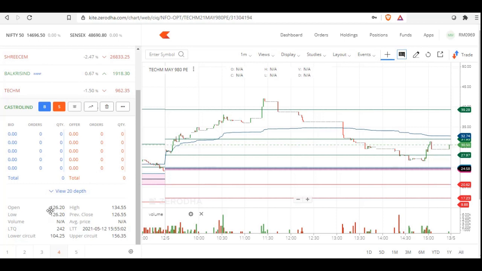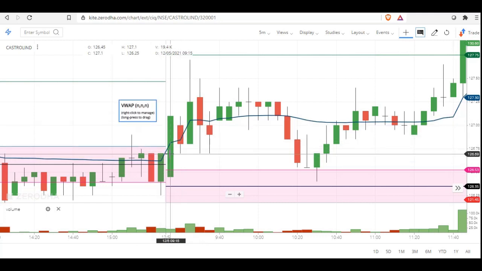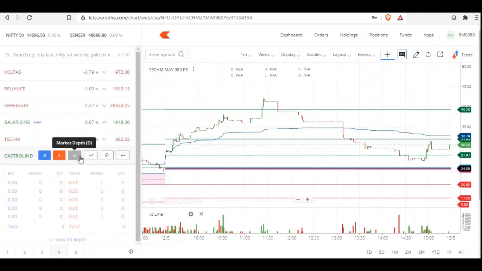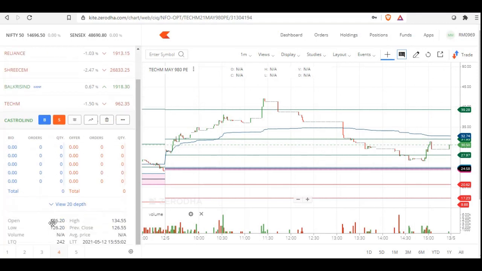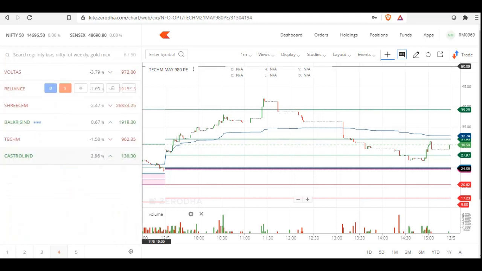Here we see open is equal to low, 126.20, 126.20. First we clarify whether these are correct or not. In this Saroda chart, it's not correct. This is open 126.45 and low 126.25, but in price it's 126.20, low 126.20.